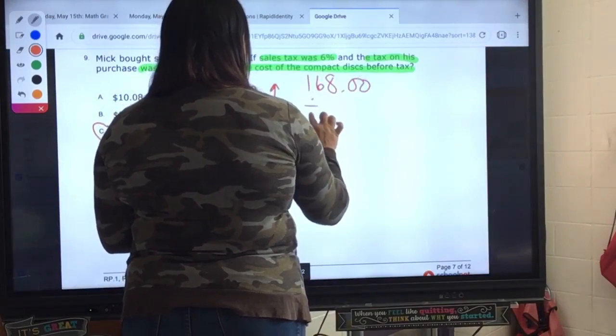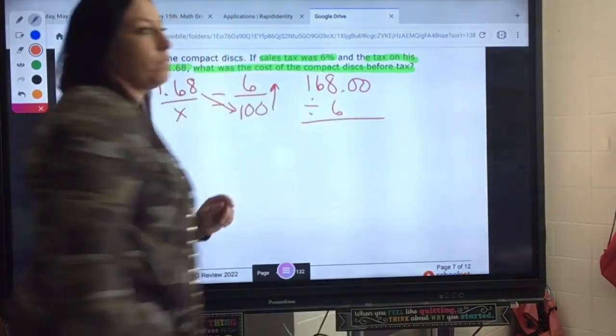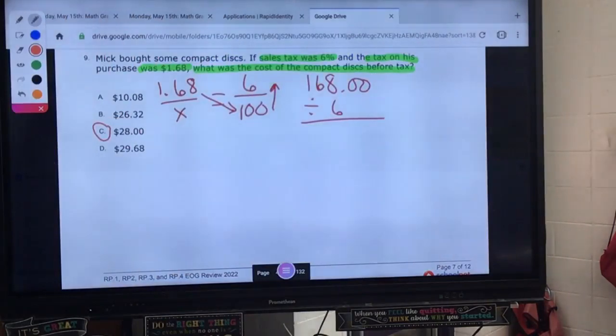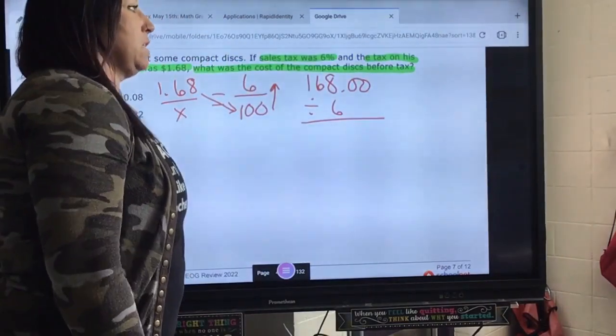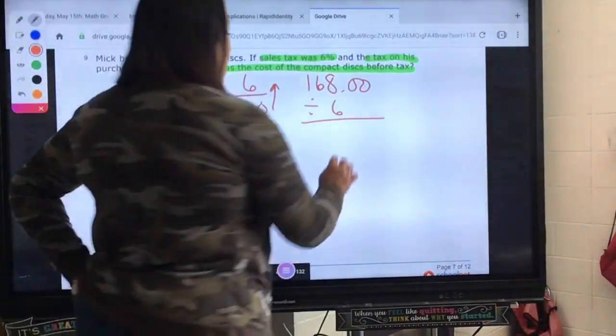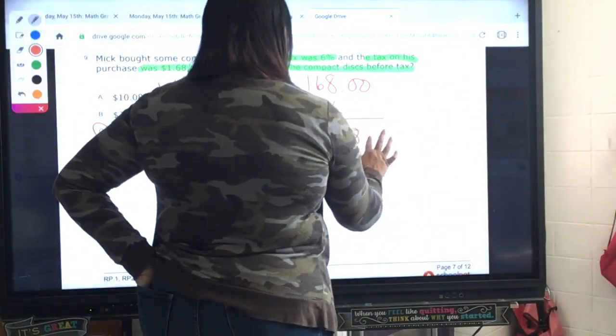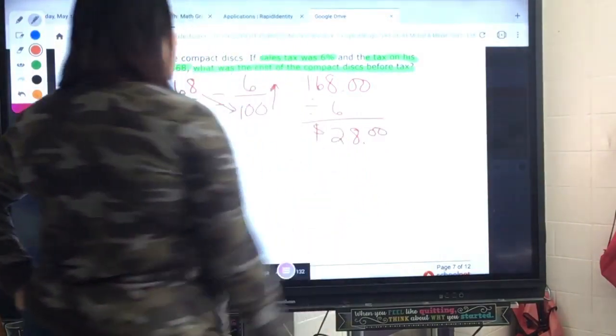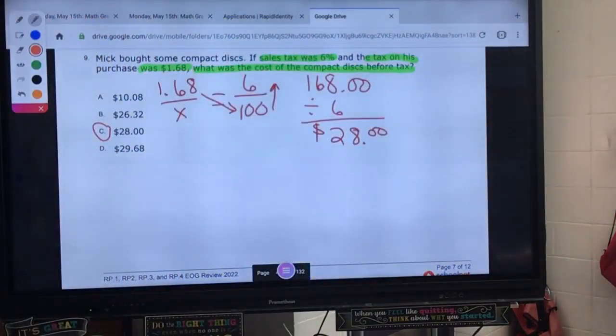And then you divide this by 6, then what do you get? What did you get when you did 168 divided by 6? 28. Okay, so again, that's one way you can do it. If you truly understand the percent proportion equation, that's one way.